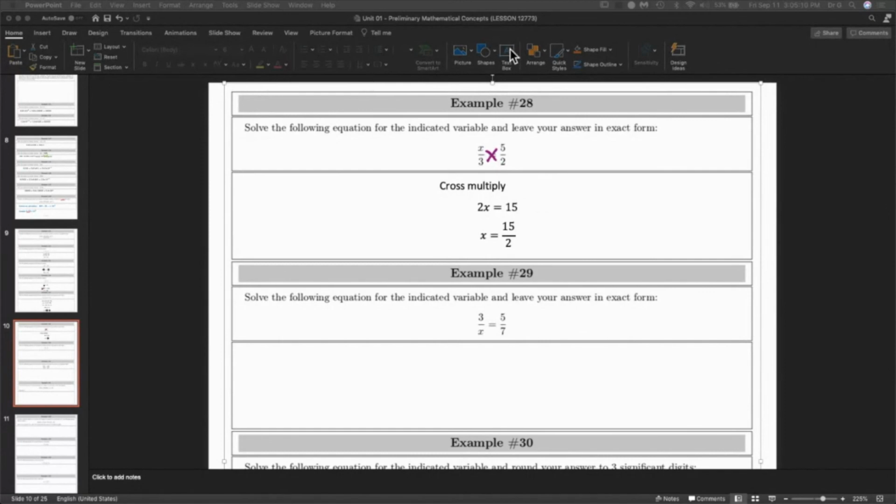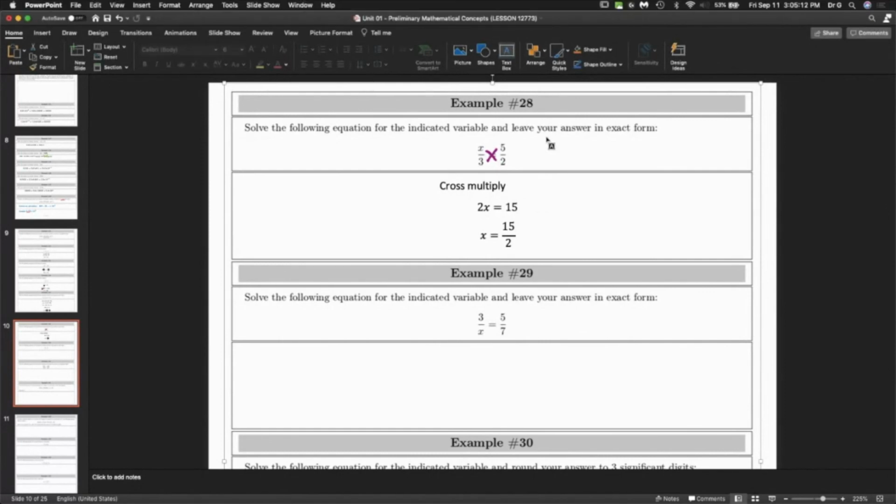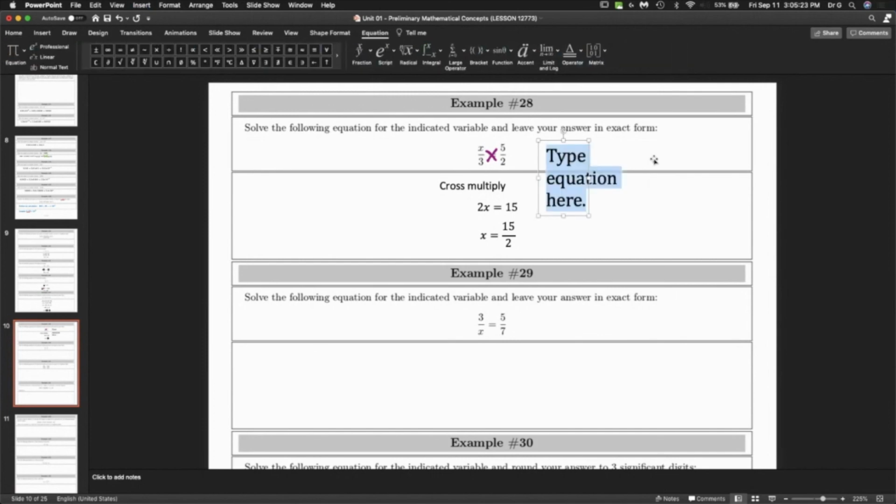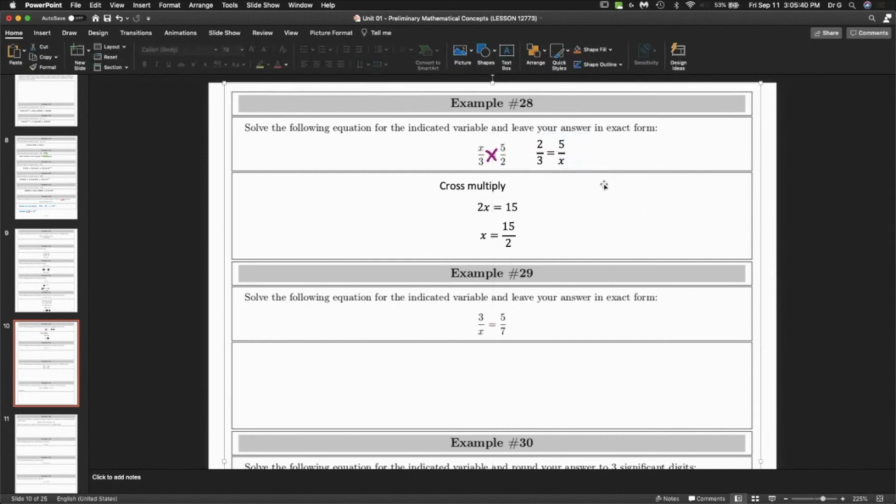Okay. So the reason I'm doing this question is over here. What if you had this question? Does this question have the same answer?